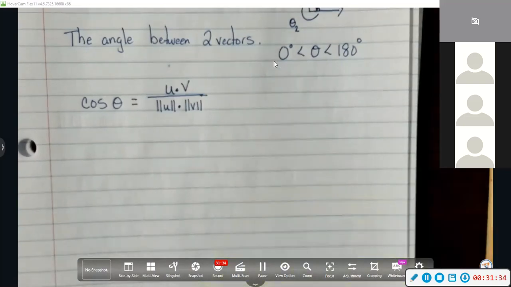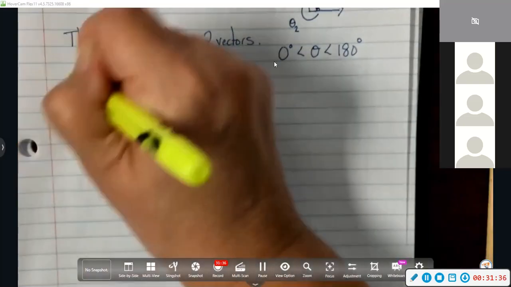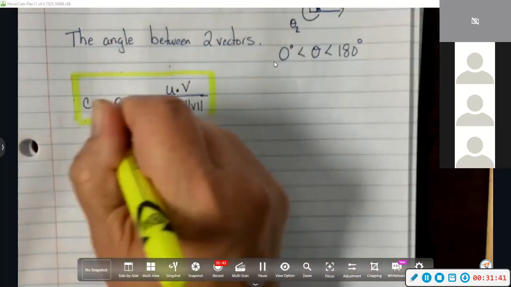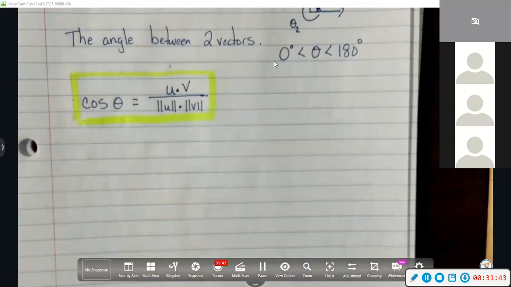So this is the formula that we're going to be using anytime we wish to find the angle between two vectors.